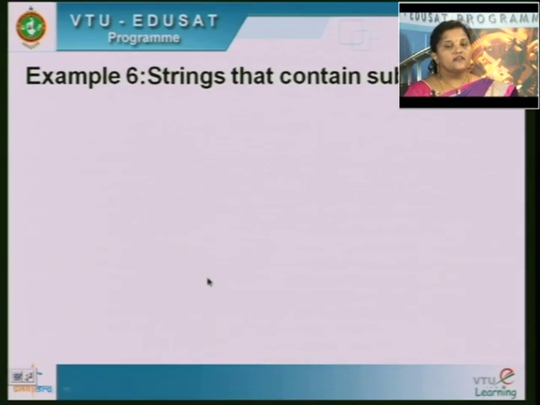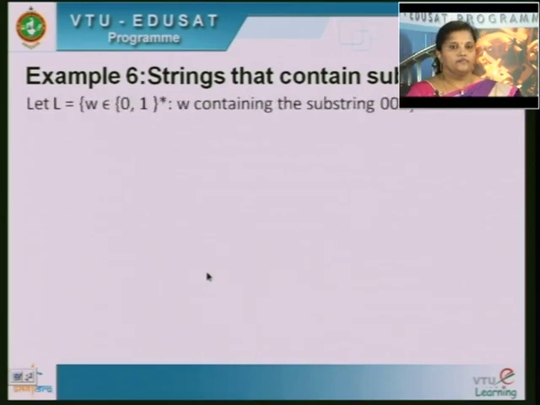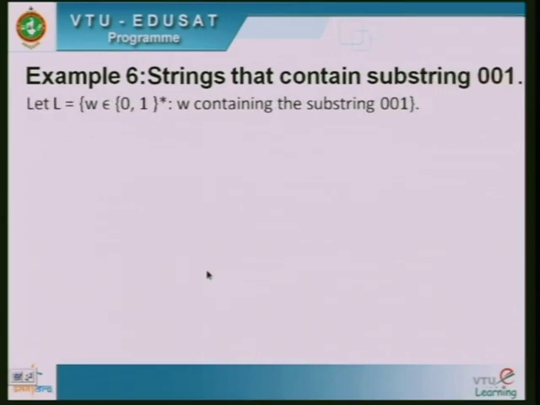Next, let us write the grammar for strings that contain the substring 001. Here L is the language which consists of w which belongs to 0 and 1 instead of A and B. I have taken strings of 0 and 1 with 001 as the substring.